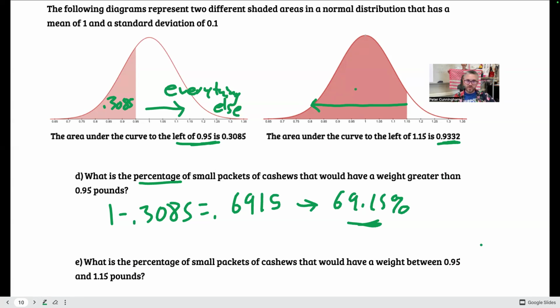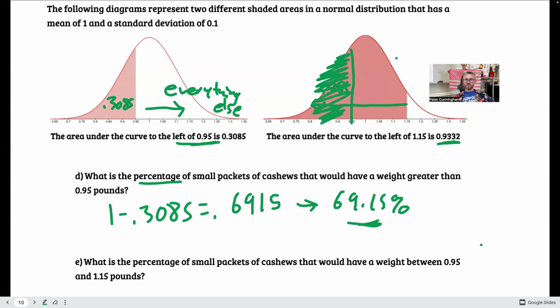And what we've also said before is that right here is 0.3085. So basically what we want to do is take this 0.9332 and exclude the 0.3085 of it, okay?